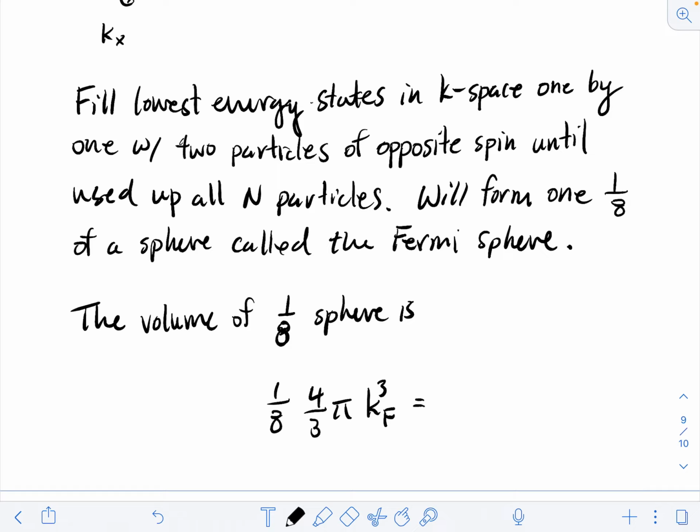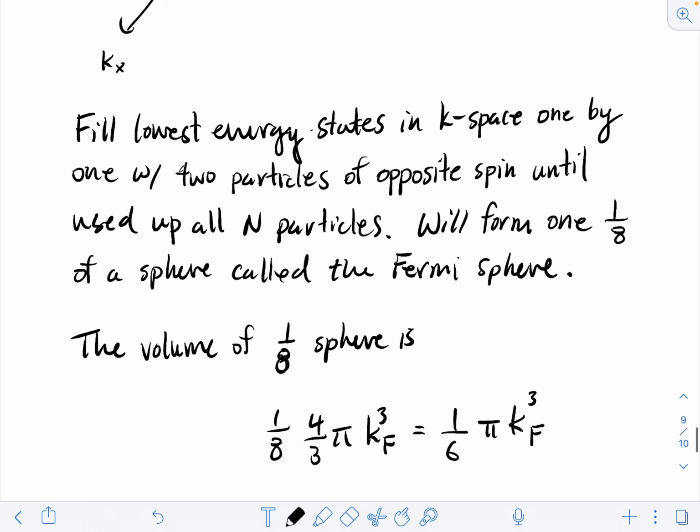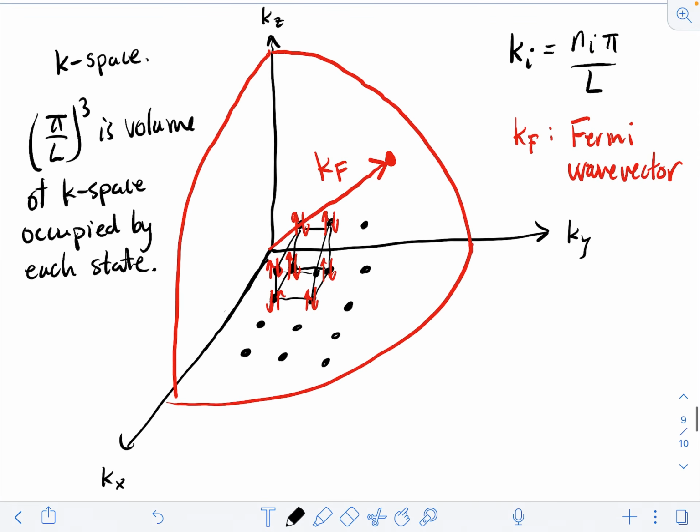And so 1/8 times 4/3 is 1/3 times 1/2, so we get 1/6 pi kf cubed. So the total volume of that space is 1/6 pi kf cubed, and each state occupies a volume of pi over L cubed.